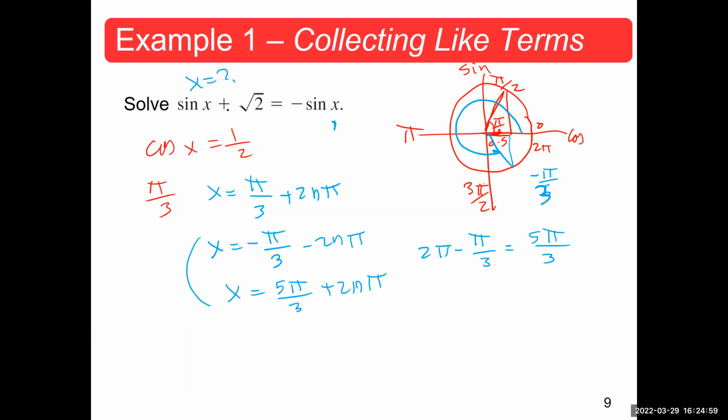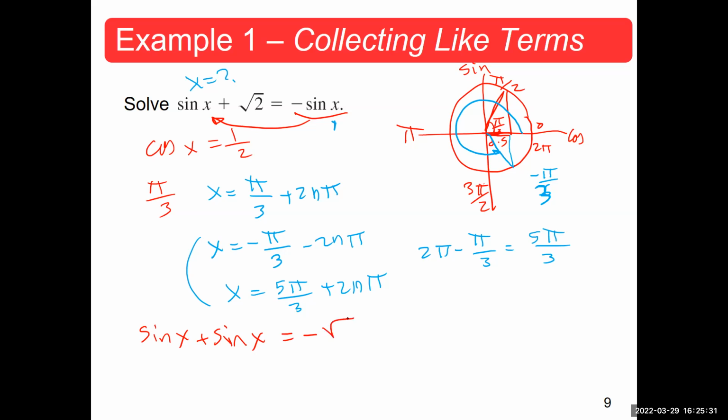Sine of x plus square root of 2 equals negative sine of x. Well, I cannot solve it that way. I need to isolate the sine of x, right? If I move this one to the other side, it becomes positive sine of x. Now I want to move the number to the other side.